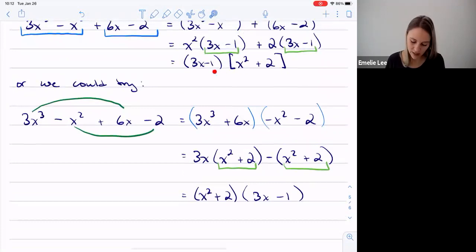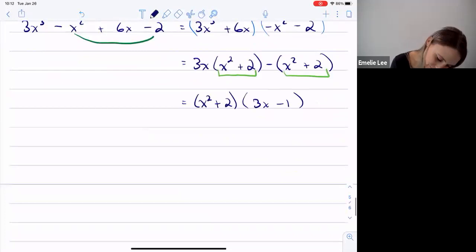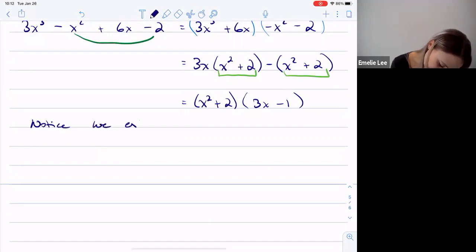You can see that it doesn't actually matter how you rearrange things. We're going to end up at the same factors, right? Notice we end up with the same factors as before.